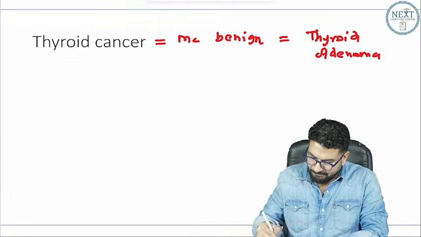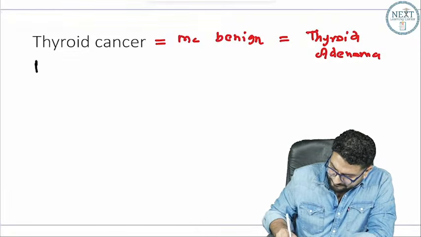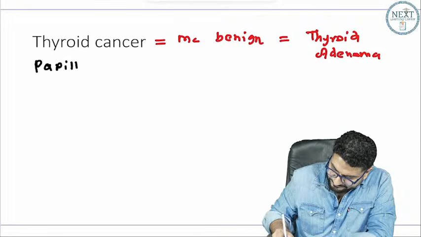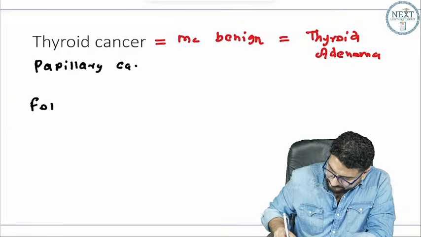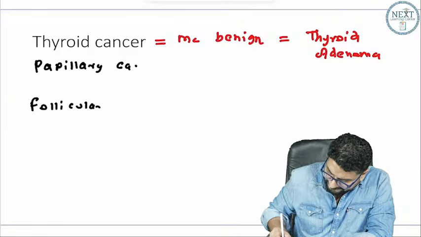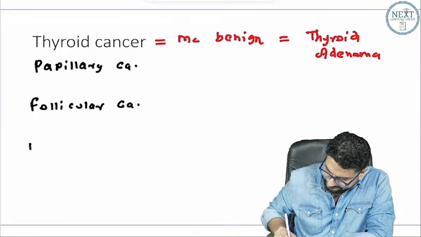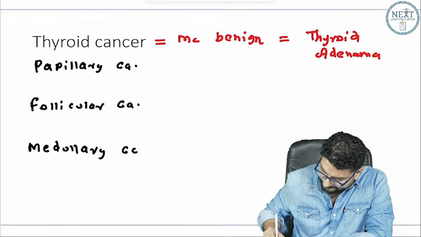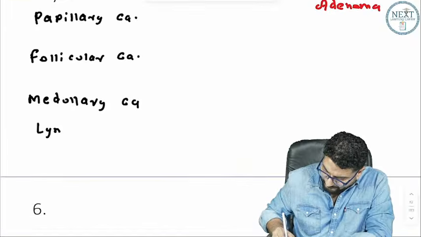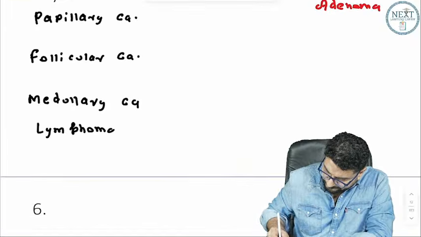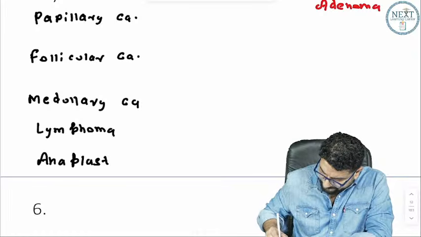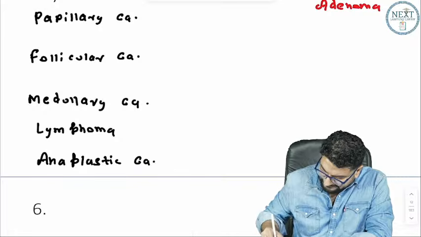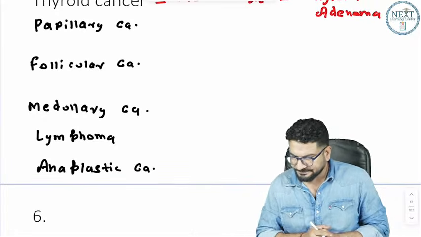So malignant thyroid tumors, what we have: papillary carcinoma of thyroid, follicular carcinoma of thyroid, then medullary carcinoma of thyroid, lymphoma of thyroid, and anaplastic carcinoma of thyroid. So these are the cancers, papillary, follicular, right?